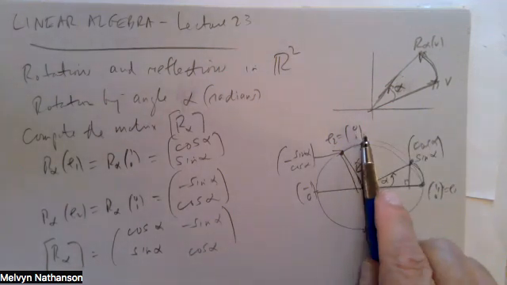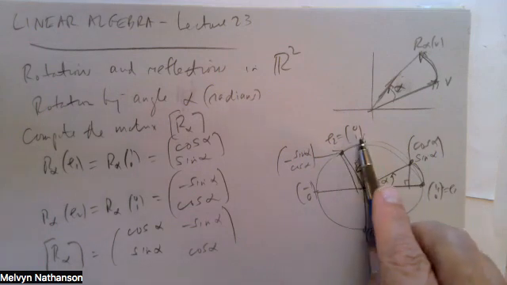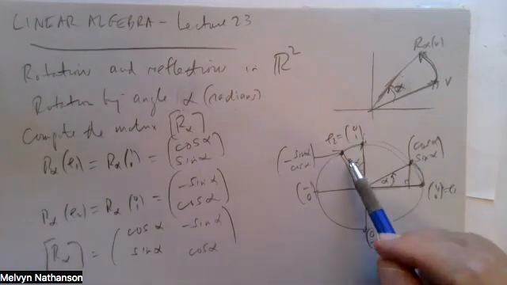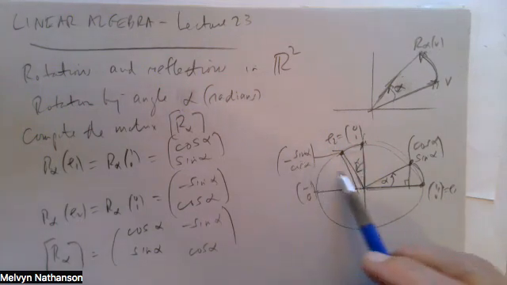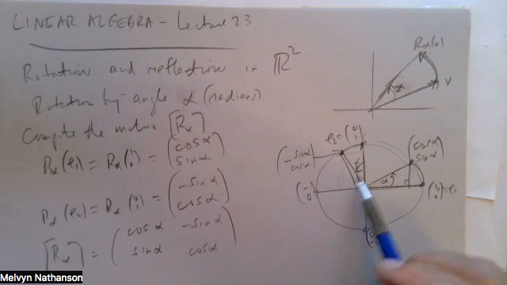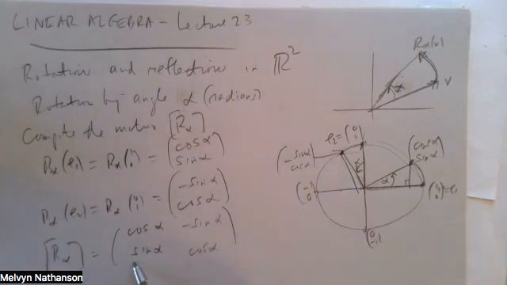If you take a unit vector in the y direction, the vector (0, 1), and you rotate it by alpha radians, the x component is minus the sine of alpha, and the y component is cosine alpha. So the matrix for a rotation by an angle alpha is this.